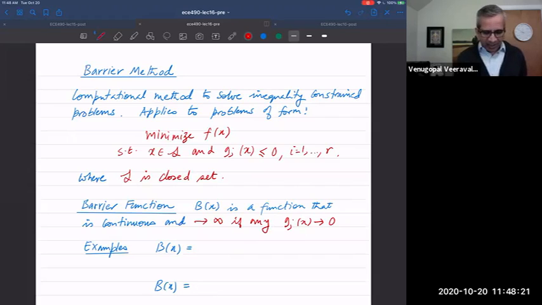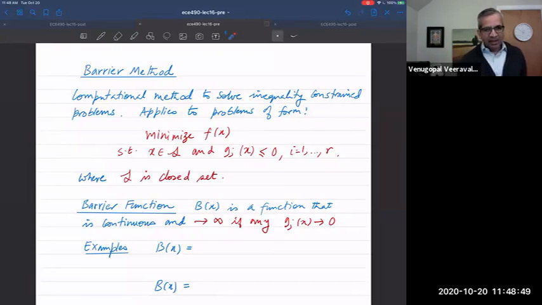What you're doing is using the barrier function to replace the current constrained optimization problem with something in which these constraints are absorbed into the function being optimized. So I'm going to add something to the f of x that's related to this constraint through this barrier function.